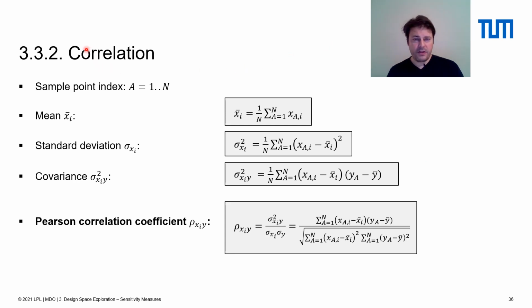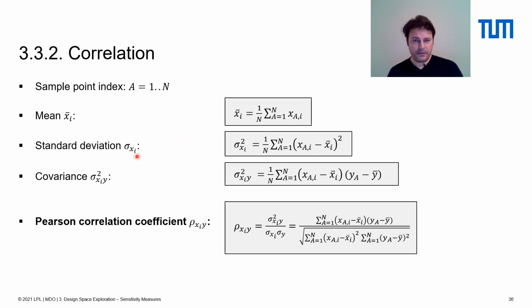The formal definition of correlation is given here. So for our sample points with a sample point index a, running from 1 to n, we define the mean of design variable i using this formula that you are familiar with.